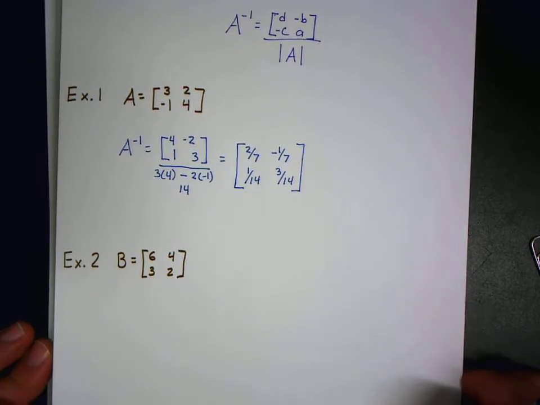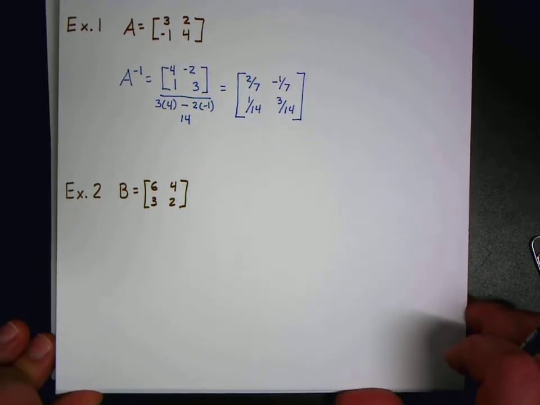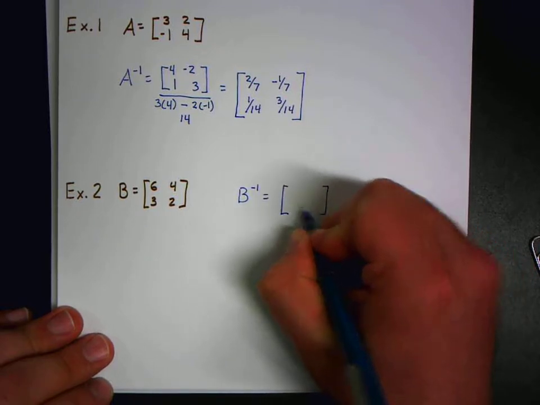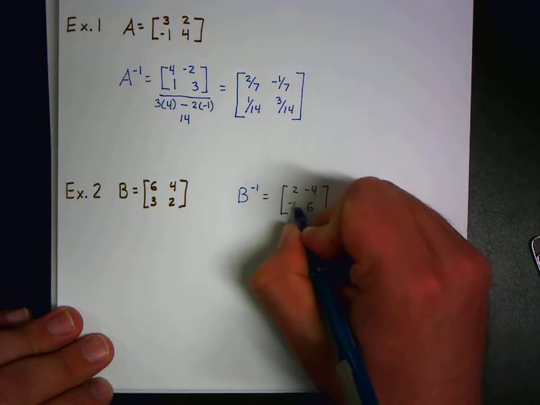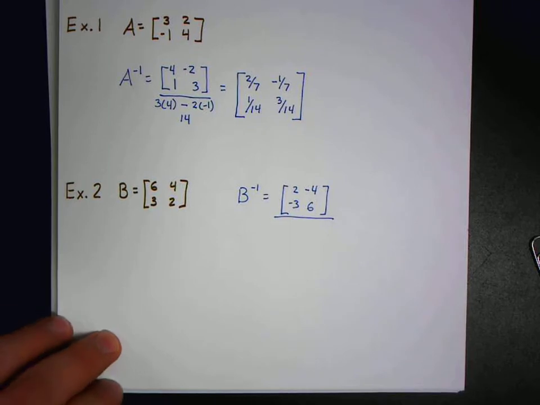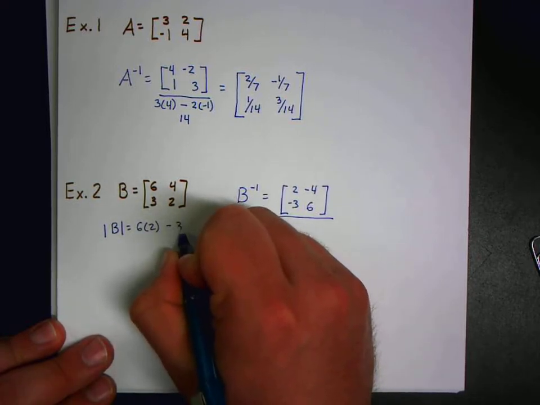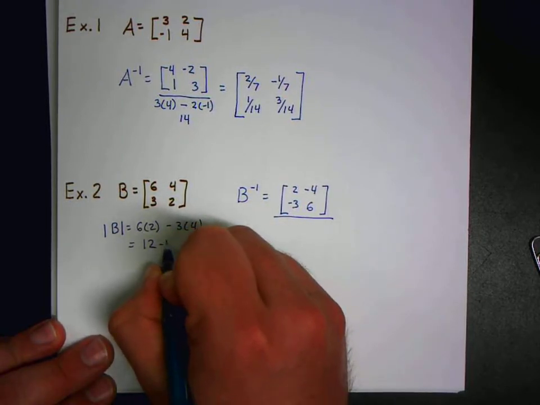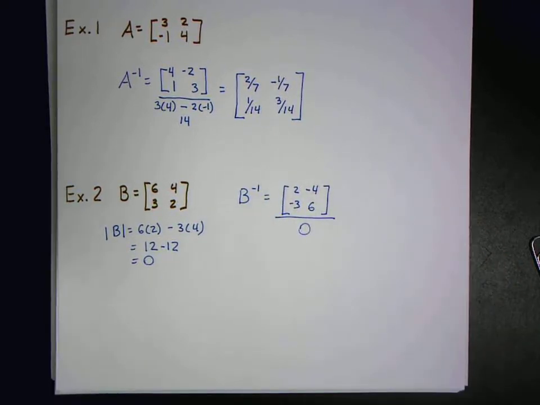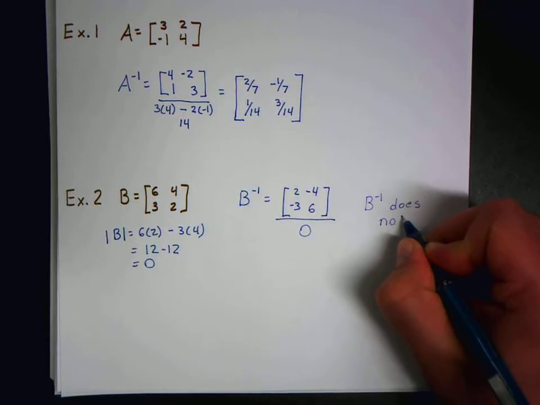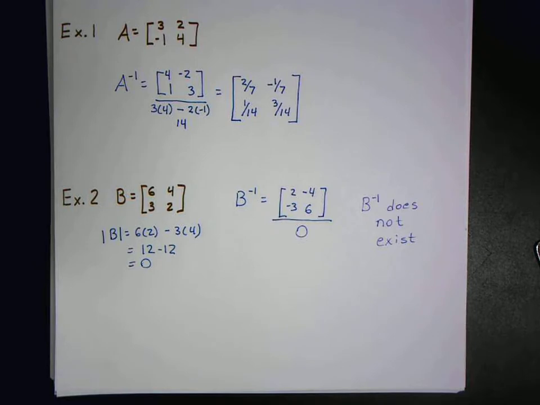Okay, so how about the inverse of B? Okay, so the inverse of B actually doesn't exist.